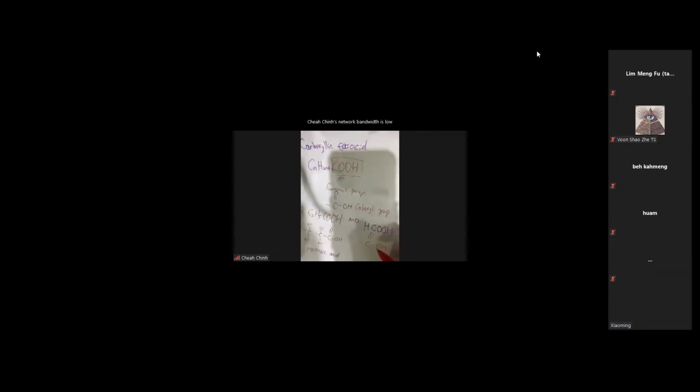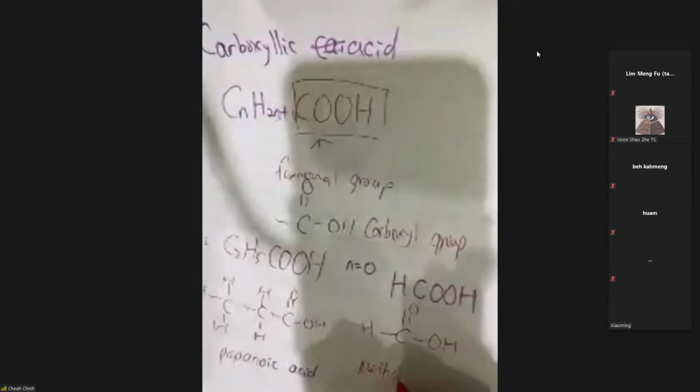Then make sure 4 bonded, so 1, 2, 3, 4. Then put the H. So 1 carbon atom is meth. A and E, we cancel the E, substitute it with the ending oic acid. So methanoic acid.